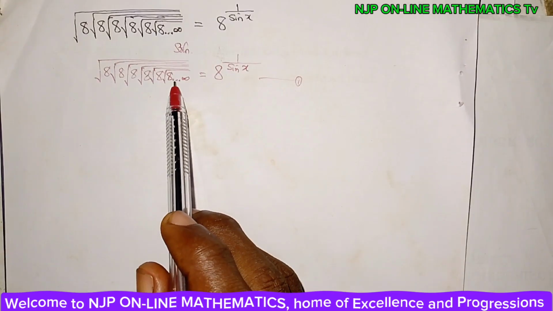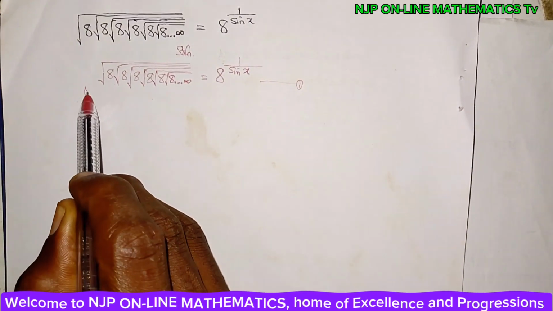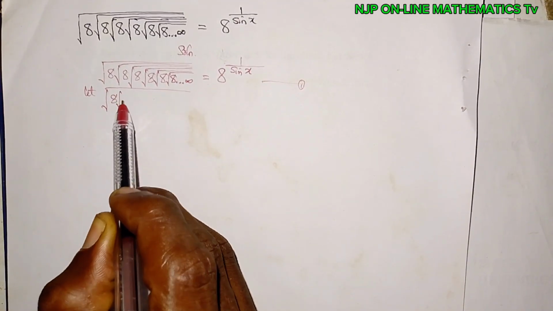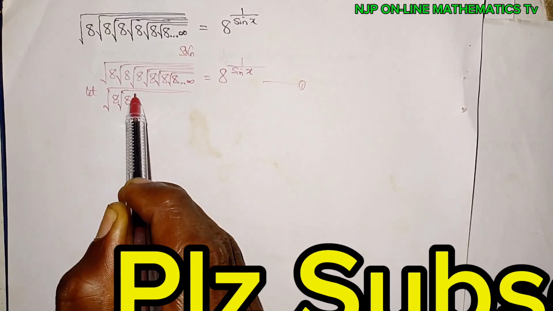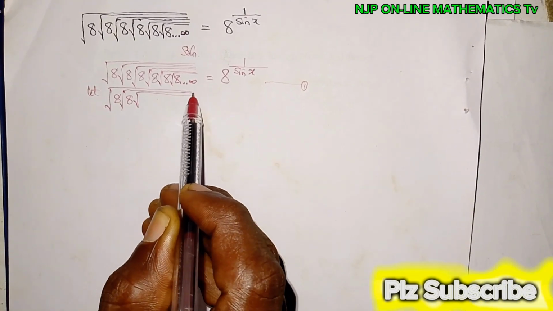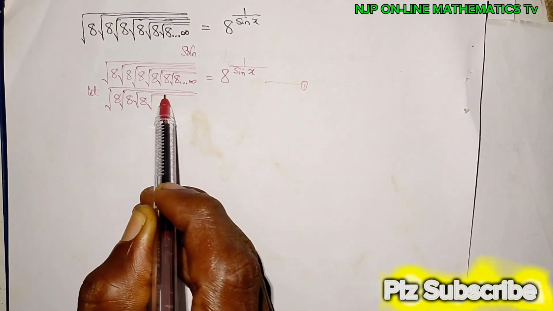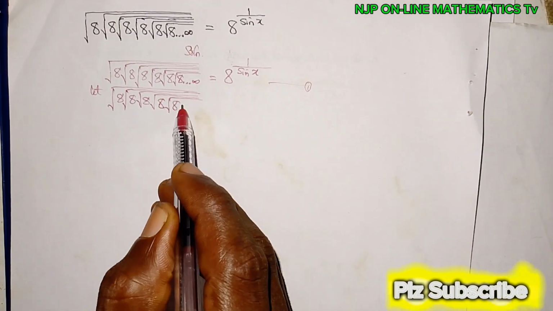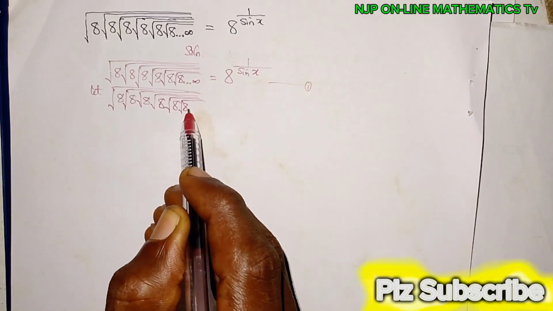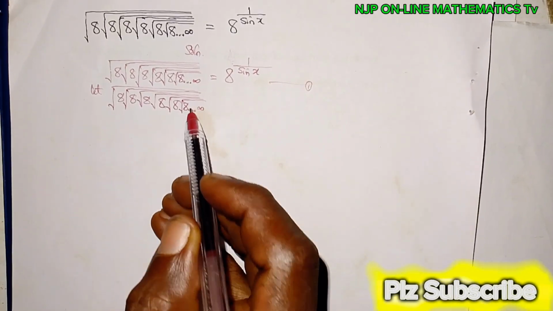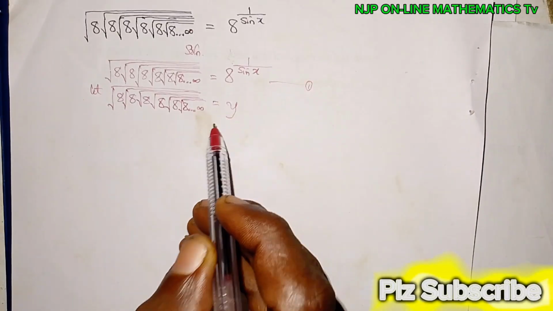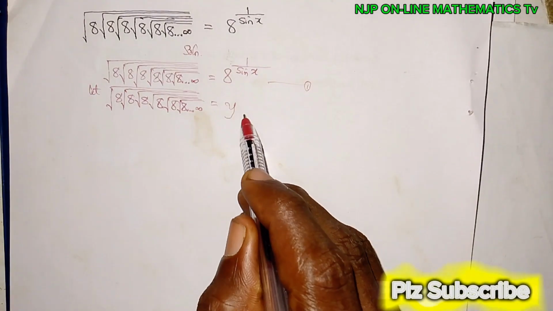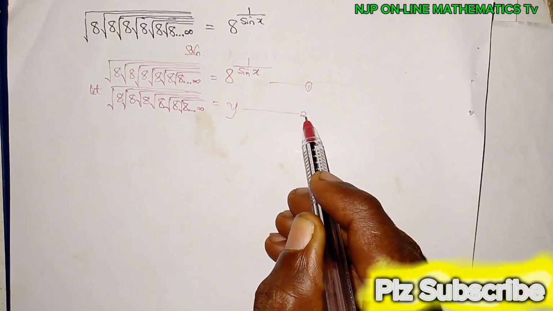So, to determine the value of this expression, let the whole root of 8 multiplying the whole root of 8, as it continues to infinity, equal y. Let's assume that y is the value for the whole expression here. So we now have the second equation. Let's call this equation 2.